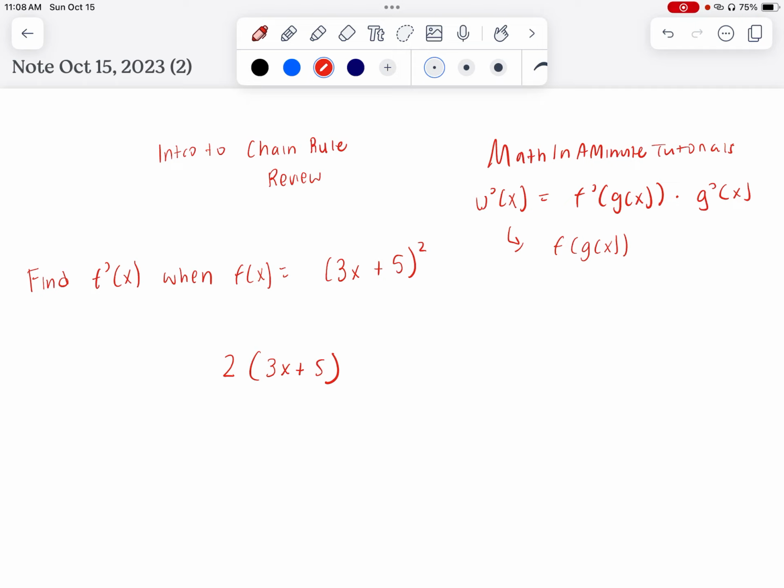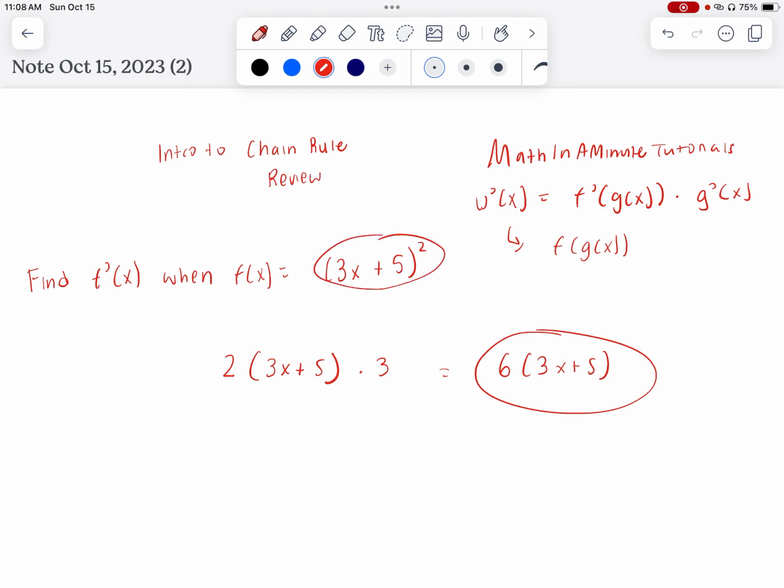The inside function's derivative is simply 3, because 5 is a constant and that becomes 0, and 3 is the coefficient of x, so it's just 3. So you're left with 6 times 3x plus 5. That's the derivative of this function.